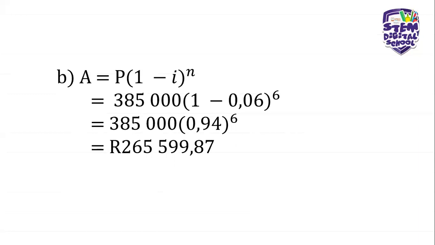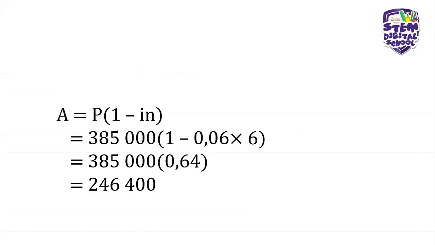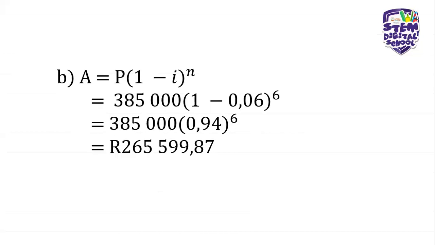In other words, if you want to sell the car after the stipulated period, you will definitely sell it for 246,400 if it is on a straight line depreciation, as opposed to the amount of 265,599 rands and 87 cents when it comes to the reducing balance depreciation.